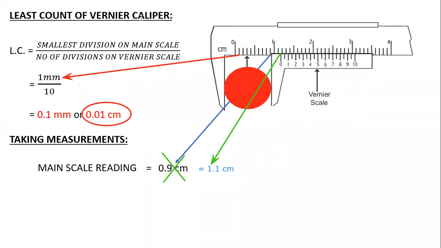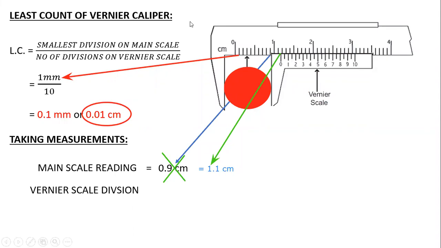Okay, the next part. After main scale reading, I should move on with something called vernier scale division. To get vernier scale reading, or to get the second decimal place, the method is there will be one division on the vernier scale which is exactly coinciding with the main scale.